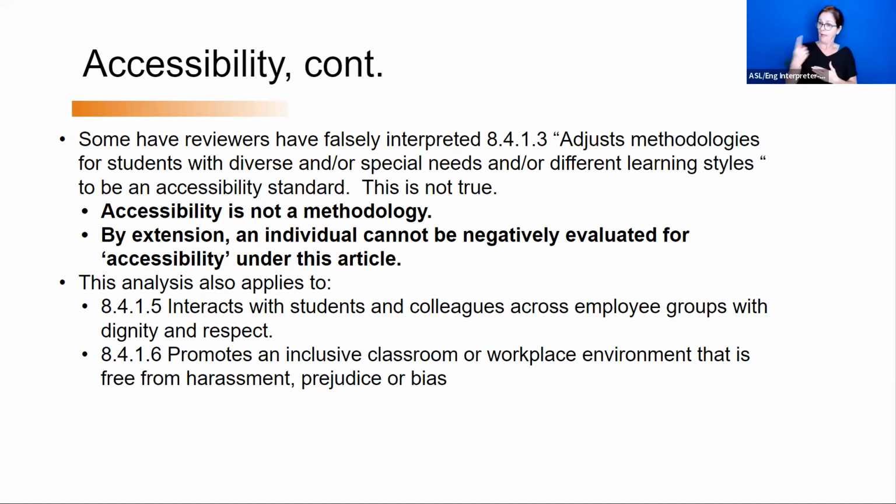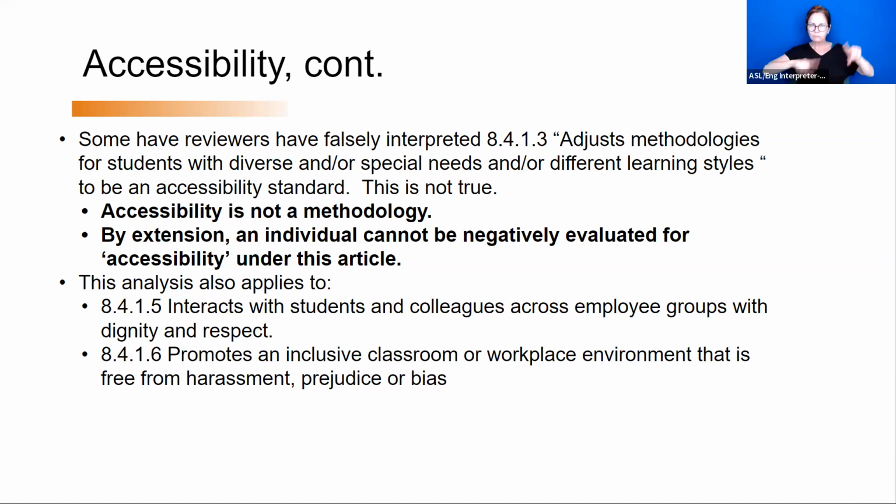So maybe doing more case studies, or our friends in math, looking at different ways in which you can workshop materials. But this is not an accessibility standard. The meaning for this was to really acknowledge that we have students with different needs in the class.